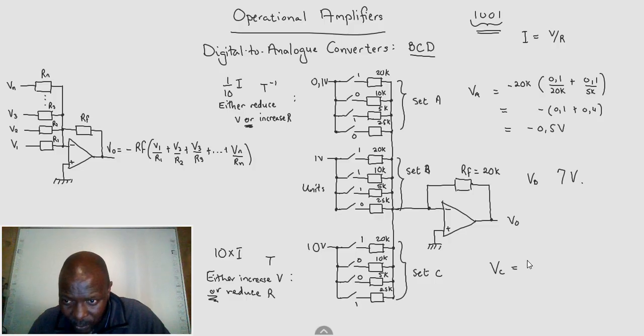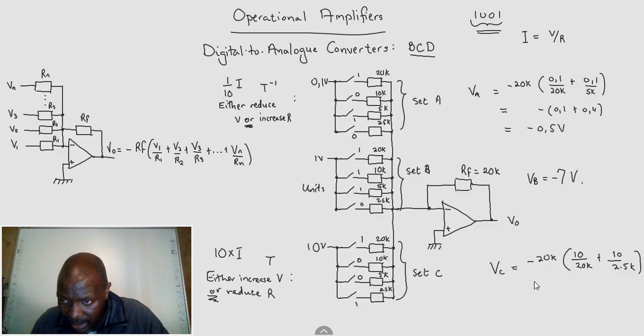We have an RF of minus 20k into the first current, which is 10 volts divided by 20k, because the 1 is on the 20k, plus we have another 1 on the 2.5k. So it's 10 volts and 2.5k.